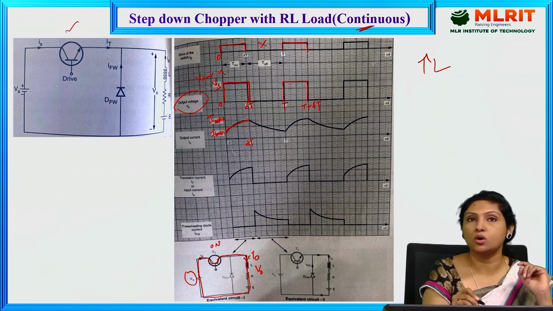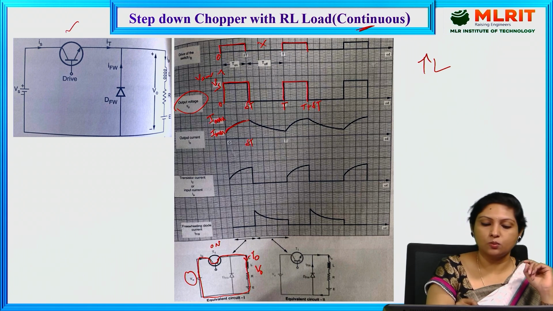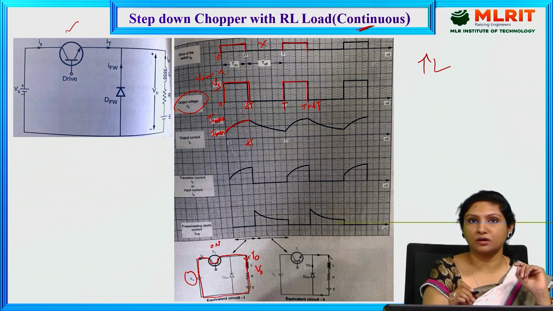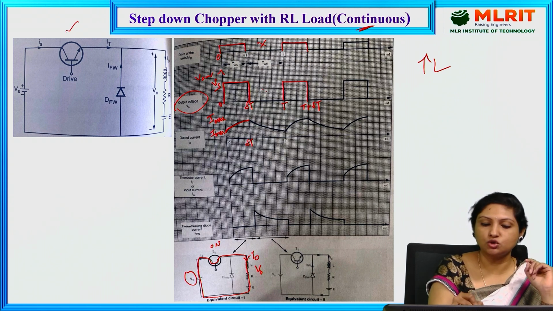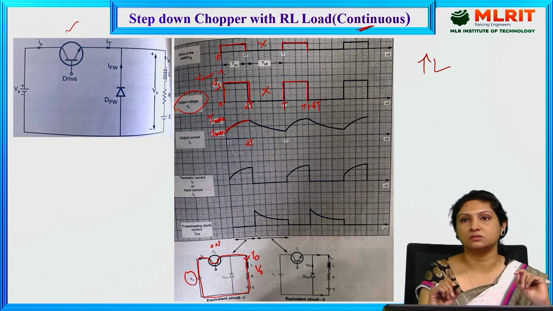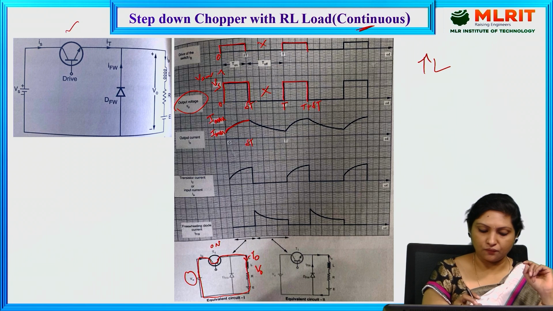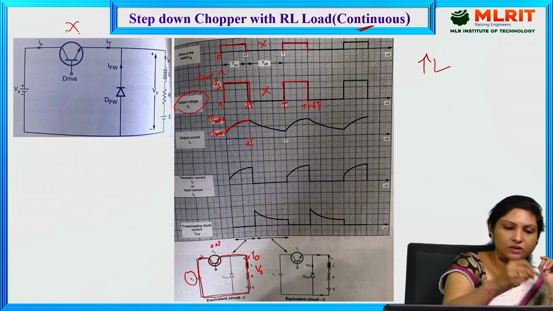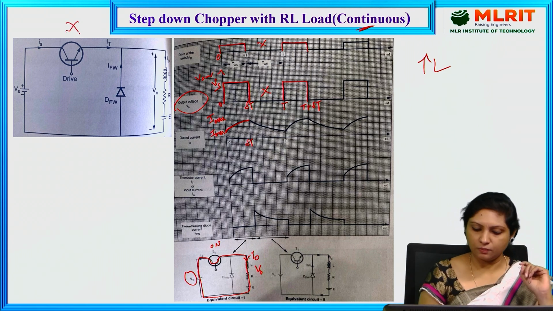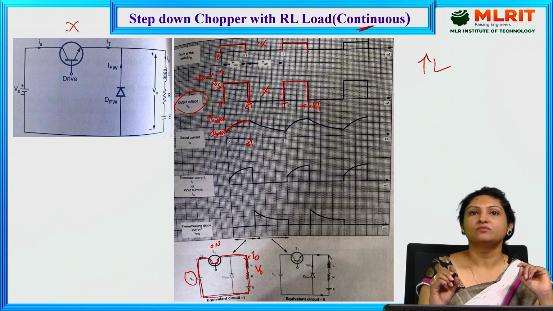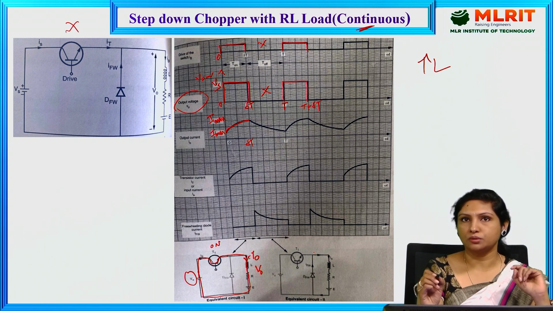This instant we call it as I maximum, and the moment it reaches maximum value of the current, here we have withdrawn the base drive for the transistor. That means right now the transistor is being turned off. That means when the transistor is off, usually there should be no output current through the load.